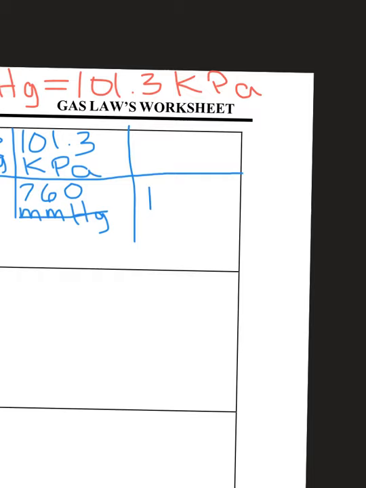So in 1 kilopascal, I have 1,000 pascals, right? Kilo means 1,000.